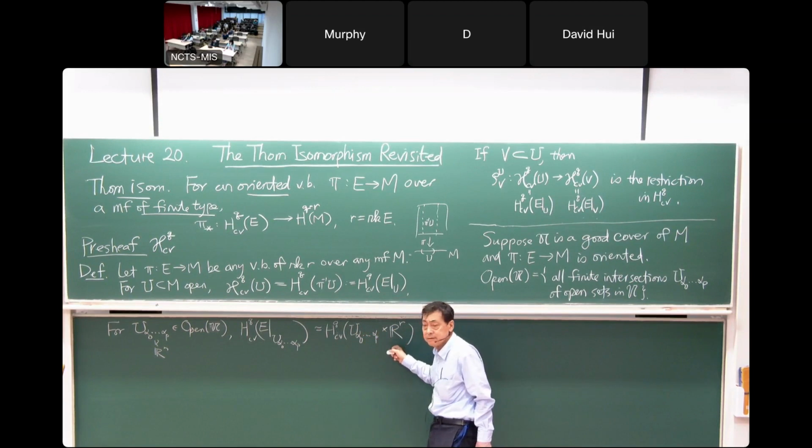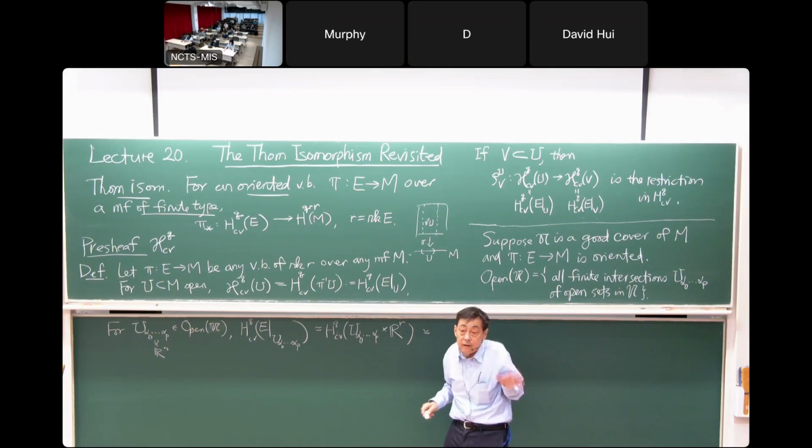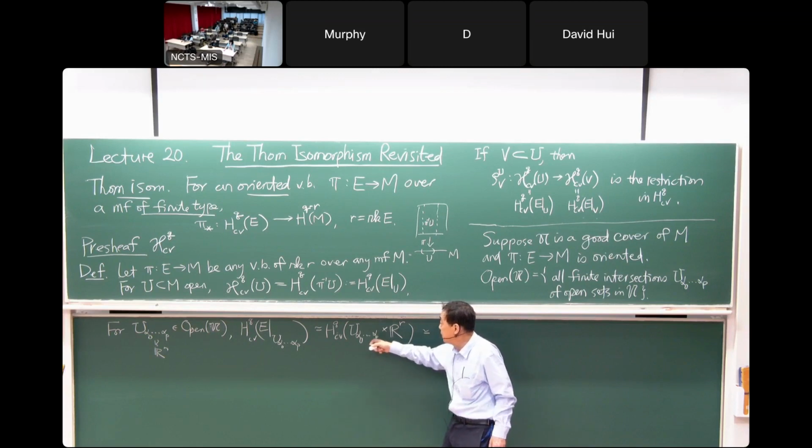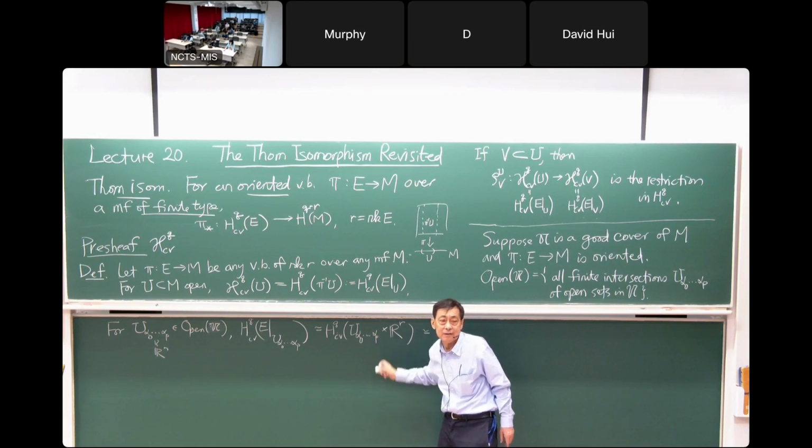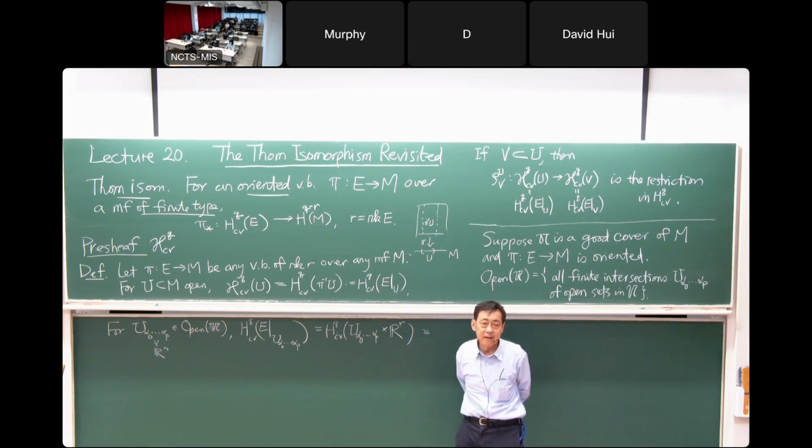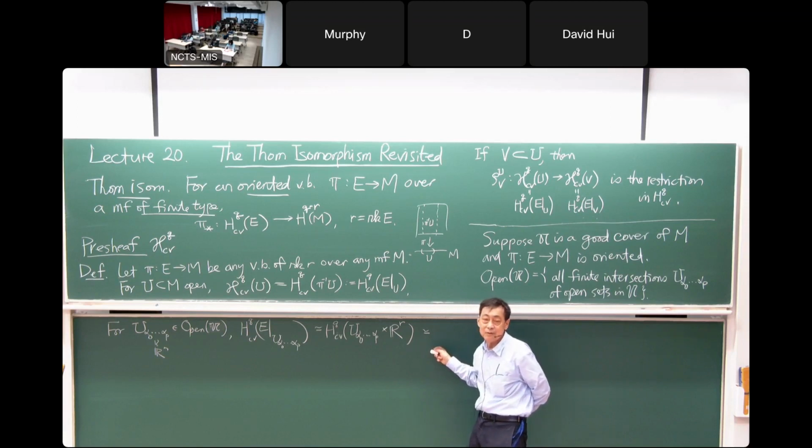And this, we know what this is without the Thom isomorphism, right? This was what we proved before we proved the Thom isomorphism. And what is that equal to? The cohomology of a product bundle. It's called the Poincare lemma for compact vertical support. Yeah. And do you remember what this is equal to?